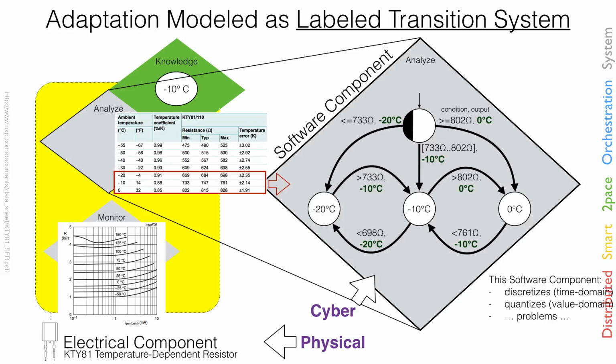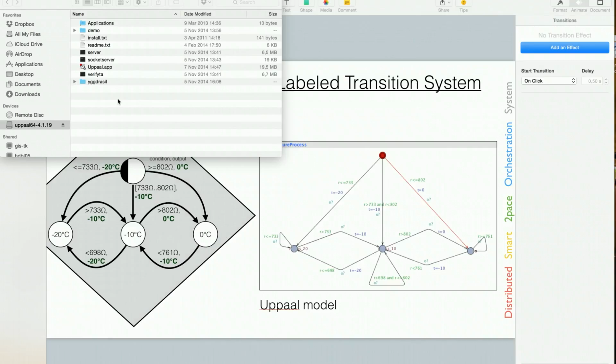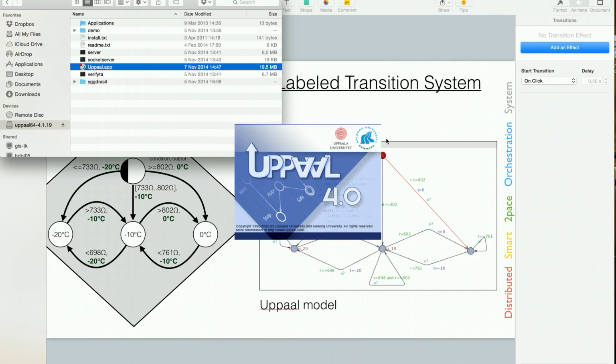We will now model this automaton that I show here on the right inside the Uppaal tool. And what we will end up with is what we see here on the right side. Let's have a look now at how we create what I show you here in the Uppaal tool. Okay, so I open the Uppaal tool.